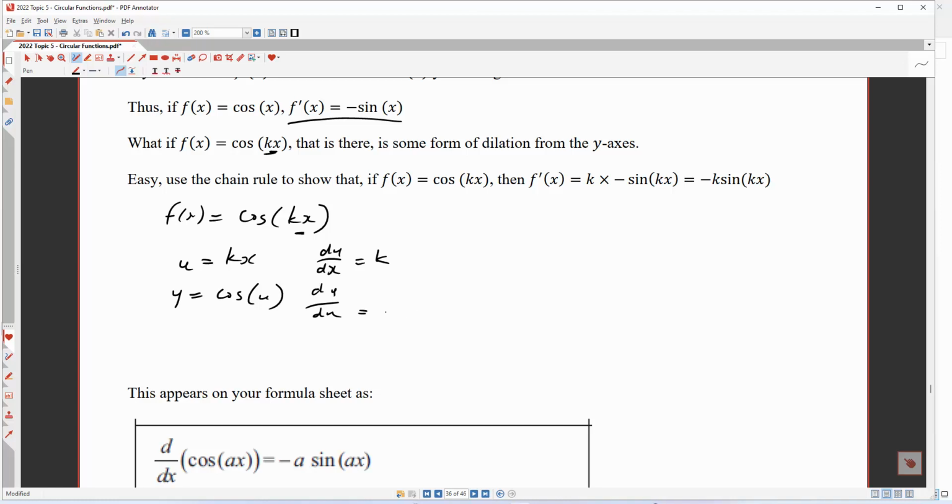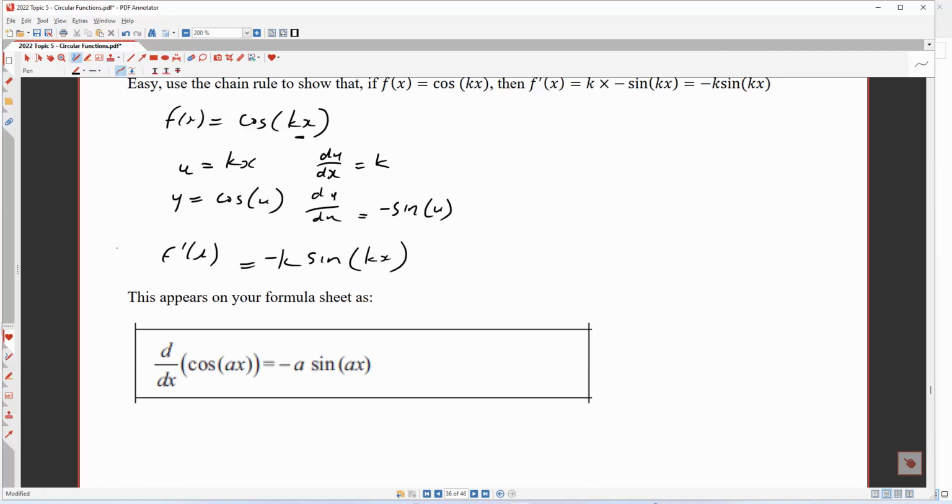We just found out it's negative sine of u in this case. Multiplying that by that with the u sub means f dash x must be negative k, so k multiplied by negative 1, sine of u, which is kx. And here it is on your formula sheet.